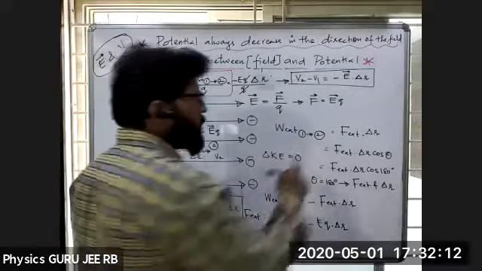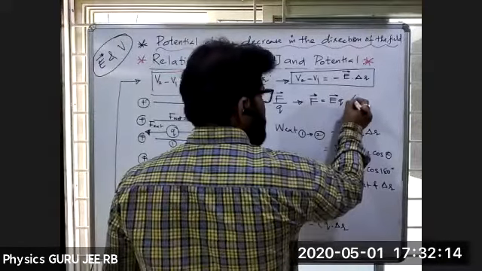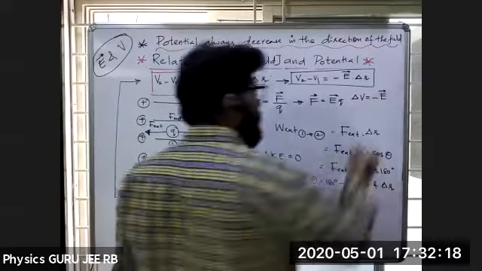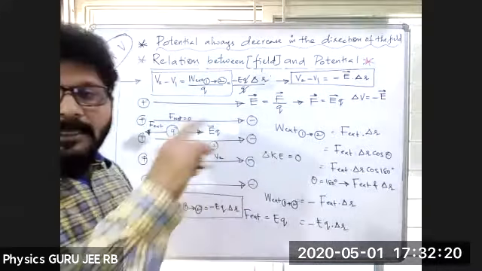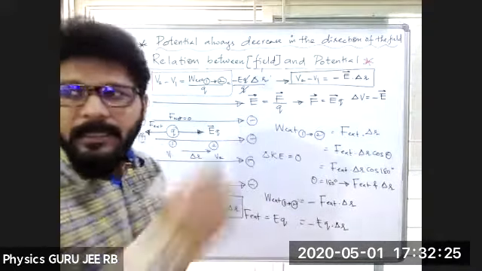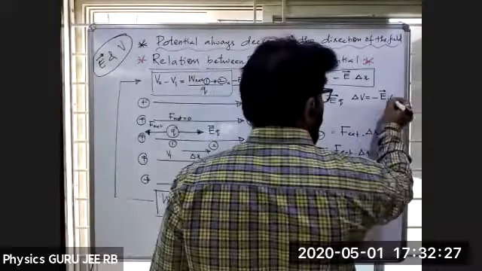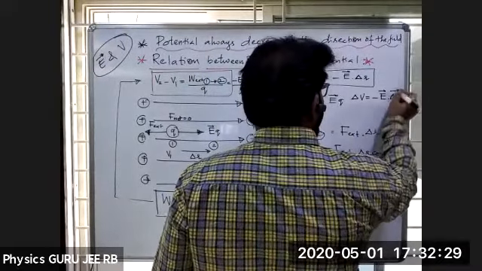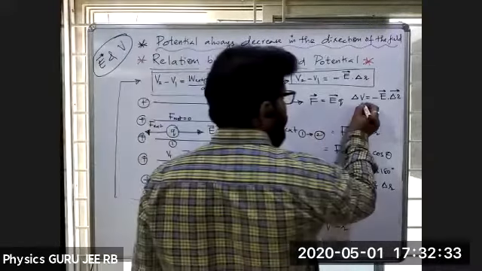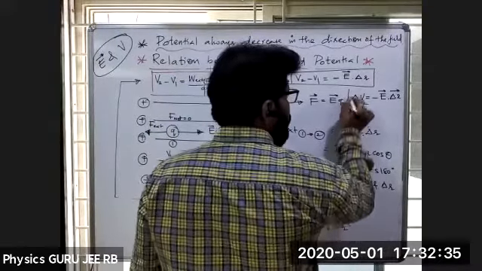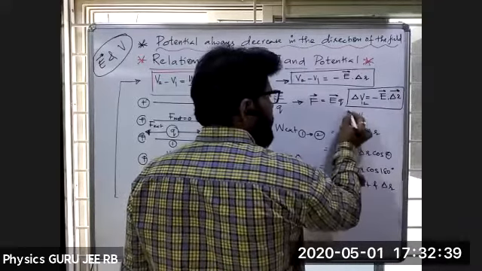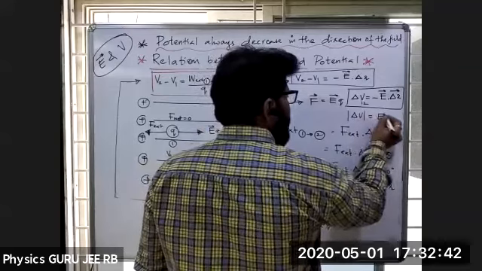And finally, we can write this expression as delta V is equal to minus E, where E is a vector quantity here, into delta R. Delta V from where to where? 1 to 2. So bringing from 1 to 2.